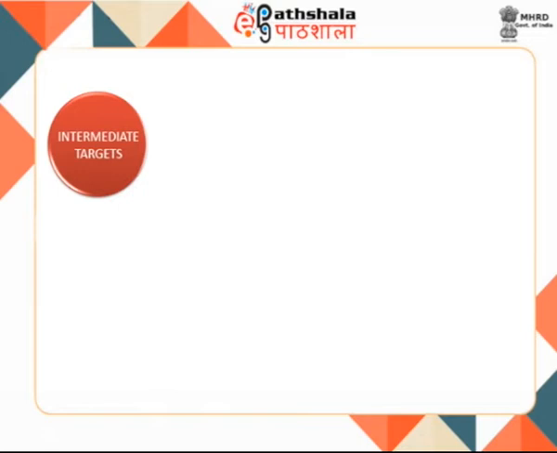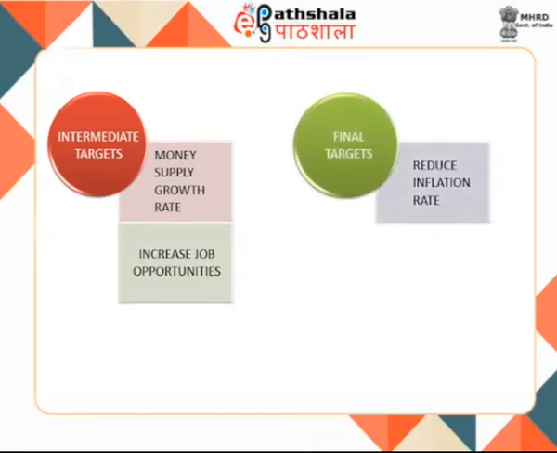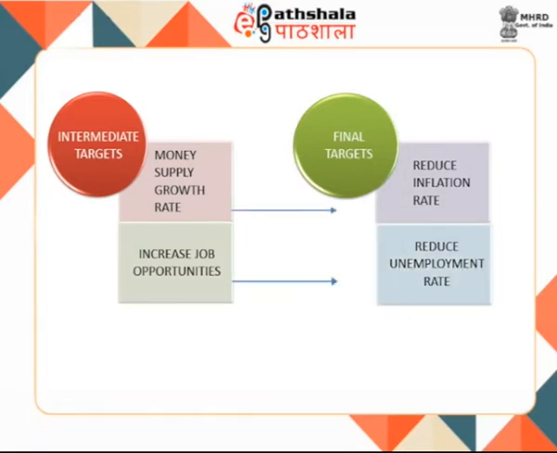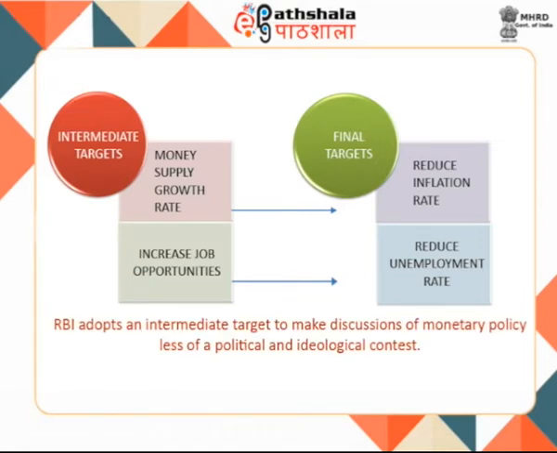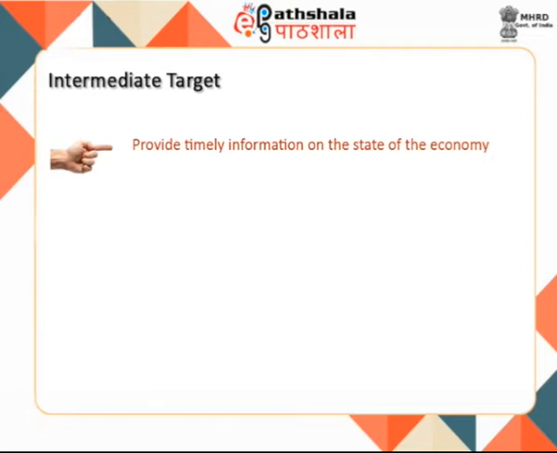It is easier to discuss whether the money supply growth rate should be 2 or 4% than whether the RBI should try to achieve an unemployment rate target of 6 or 10%. In this view, the RBI adopts an intermediate target to make discussions of monetary policy less of a political and ideological contest.